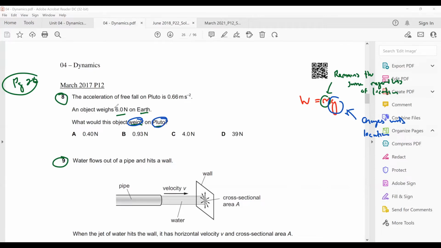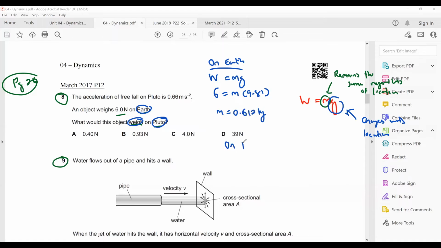You have two places, Earth and Pluto right now. If you want to find out the weight of the object on Pluto, you first need to find the mass, right? So on Earth, W equals mg, so 6 equals m times 9.81. So your mass is just going to be 6 divided by 9.81, giving you 0.612 kg.